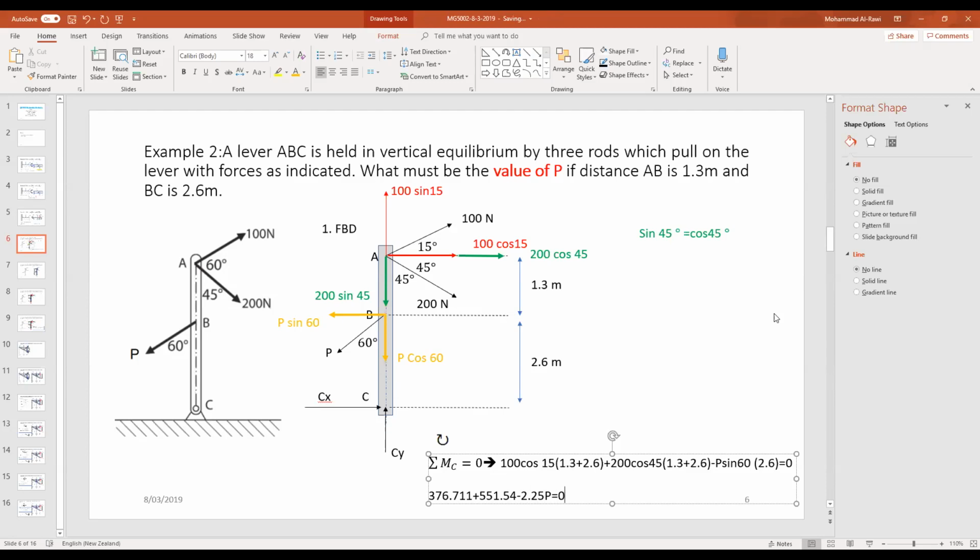No, the unit is wrong. Try to think about the units. And then you rearrange this equation. So the force P is equal to adding together, open brackets, 376.711 plus 551.54, all of that divided by 2.25.